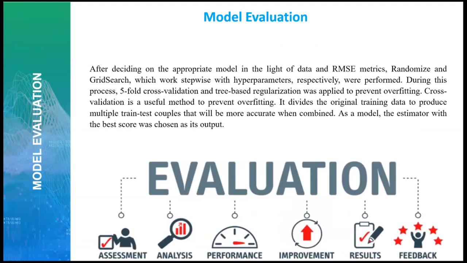After deciding on the appropriate model in the light of the data and root mean square error metrics, we used randomized and grid search, which work stepwise with hyperparameters. During this process, 5-fold cross-validation and L3 regularization were applied to prevent overfitting.